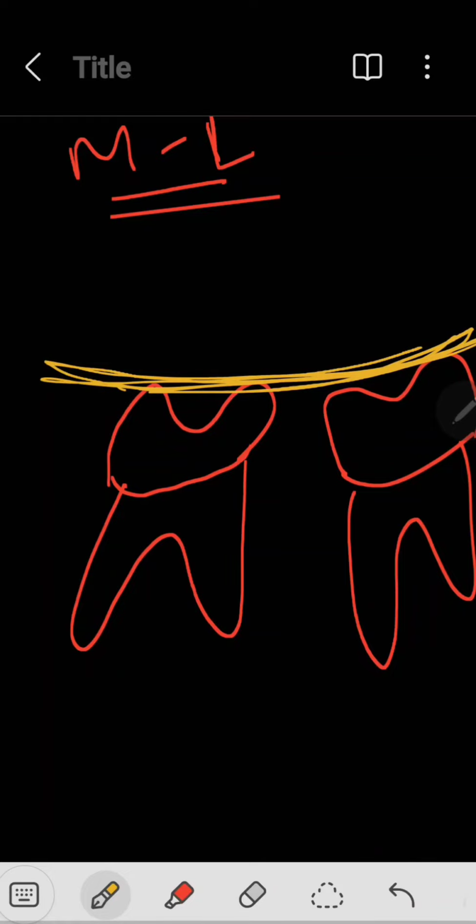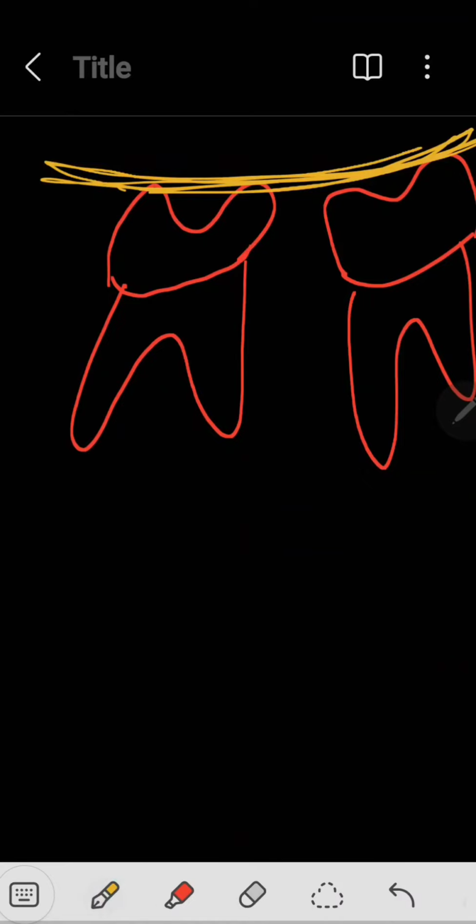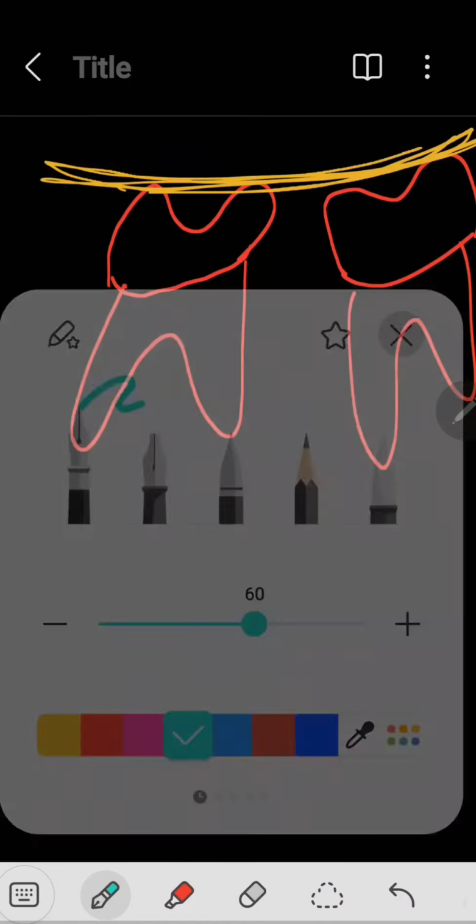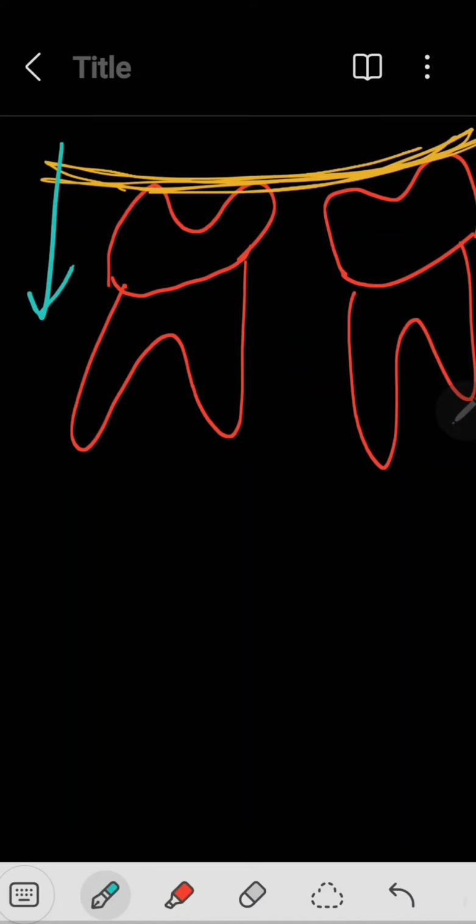Now the question arises, how is this curve of Wilson helpful? The curve of Wilson is helpful in 2 ways. Number one, this curve provides resistance to the masticatory forces.